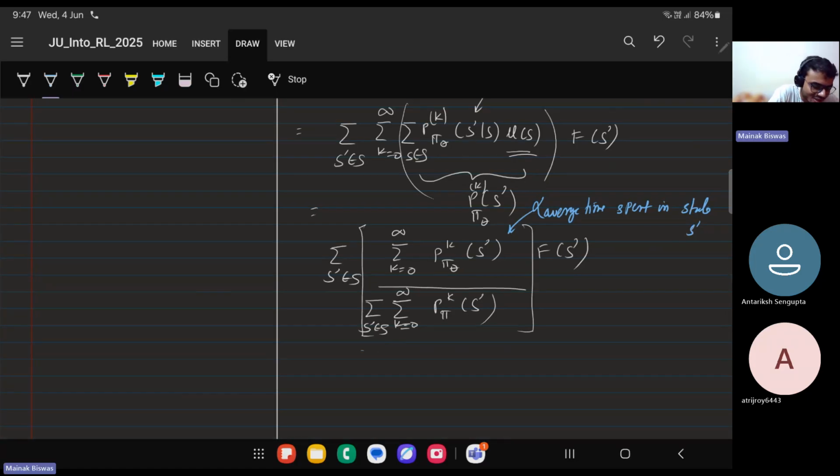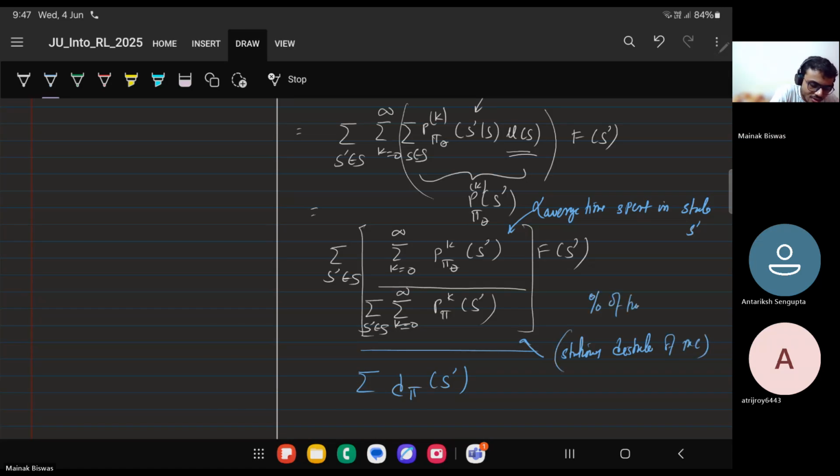This is the definition of the stationary distribution, D, nice. The stationary distribution of the Markov chain, that is the fraction of time spent in state S dash.